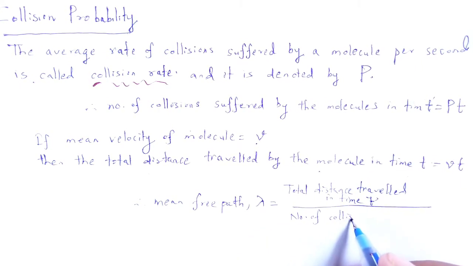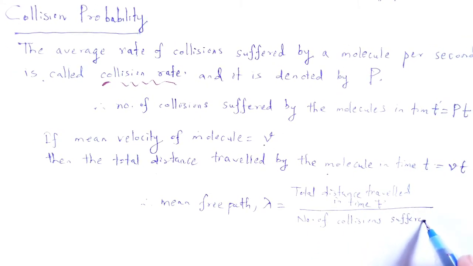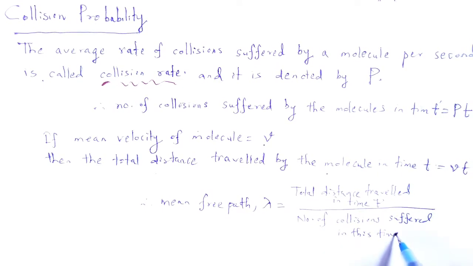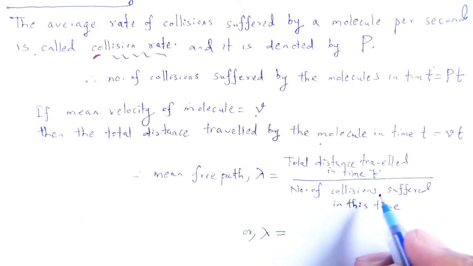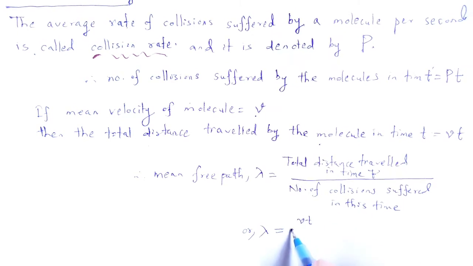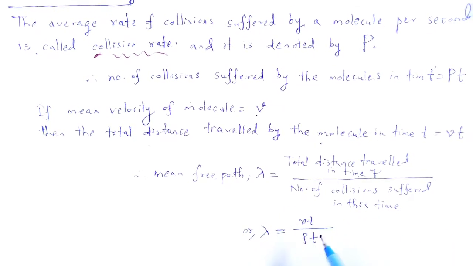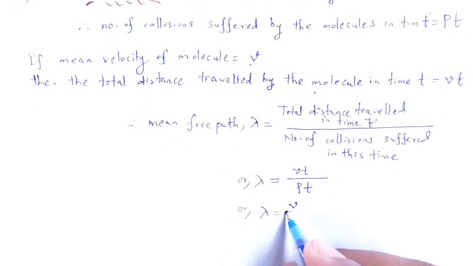Lambda will be v into t divided by p into t. t cancels out, so lambda is equal to v by p.